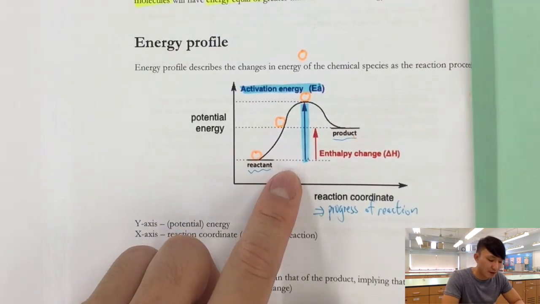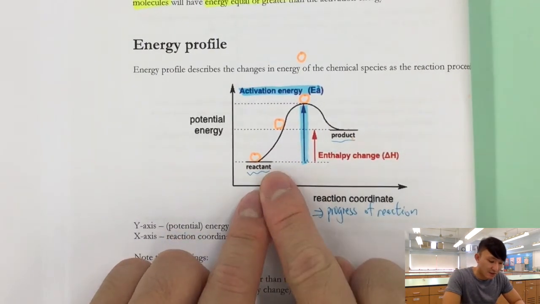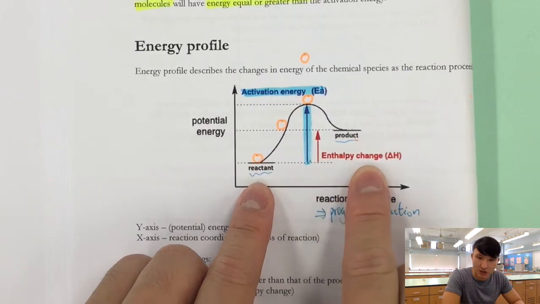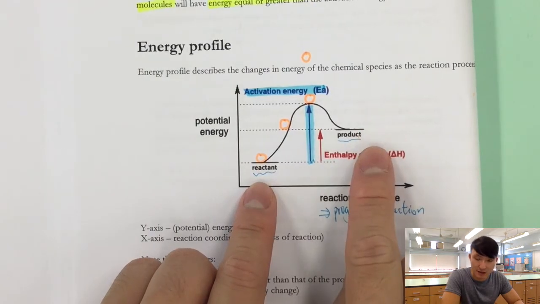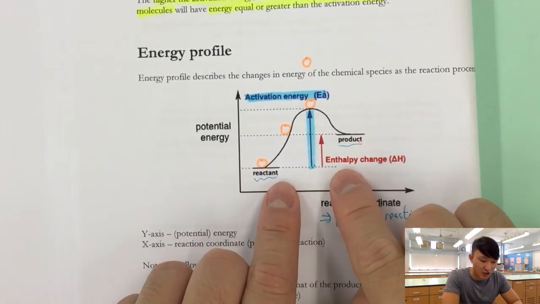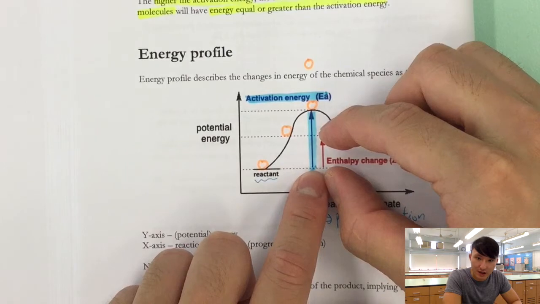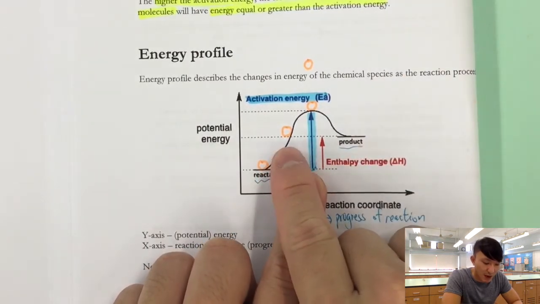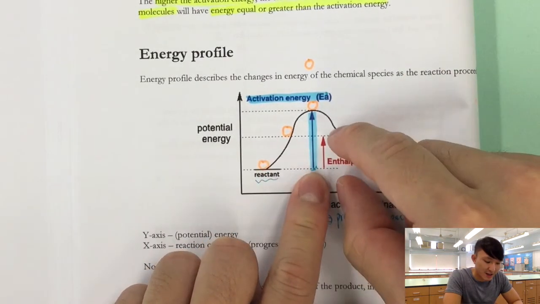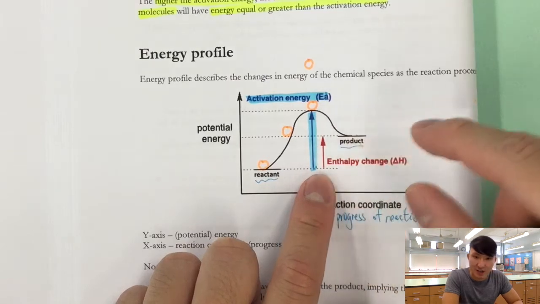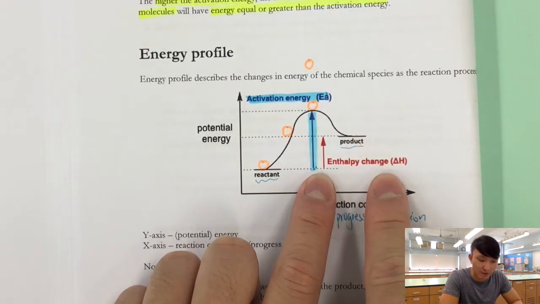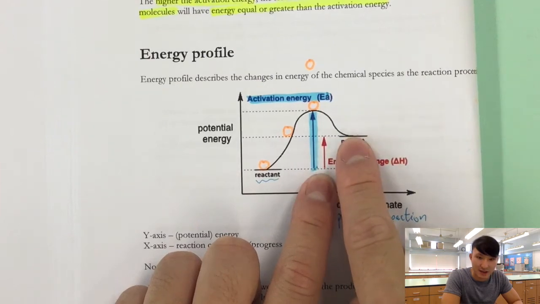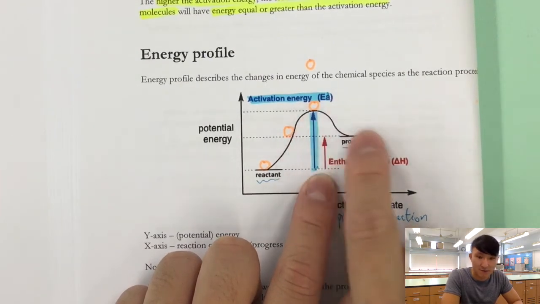Now you notice that there is another term called enthalpy change. Basically, enthalpy change tells you the energy difference between the reactant and the product. Even though the enthalpy change is shown by this arrow, and even if we push the ball up to the point where it has sufficient energy as shown by the enthalpy change, it doesn't suffice to bring about a reaction.